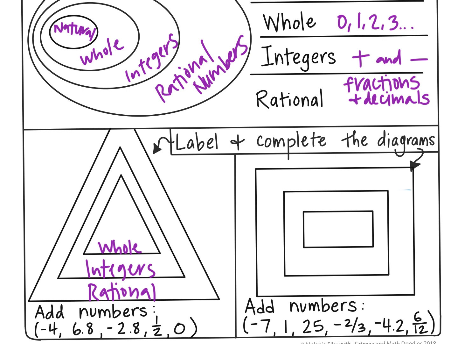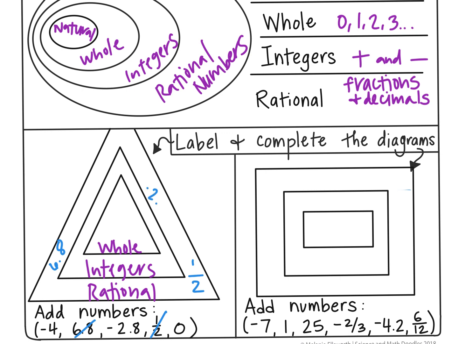Okay? So all of my rational numbers, what would we consider my rational numbers? 1/2. What else would go in the rational section? Heidi. 6.8. What else? Palmer.